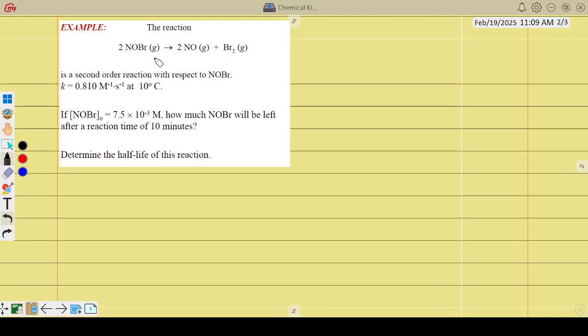So let's quickly go through this. We'll have this. What is this? Nitrosyl bromide. So of nitrosyl bromide, and it's a second order reaction. Here this is very important. Next time they won't tell you that it's a second order reaction. They'll just tell you that there's this reaction and give you these units.